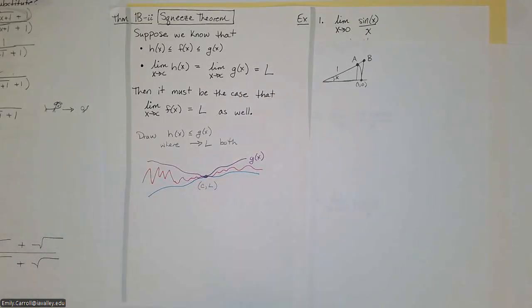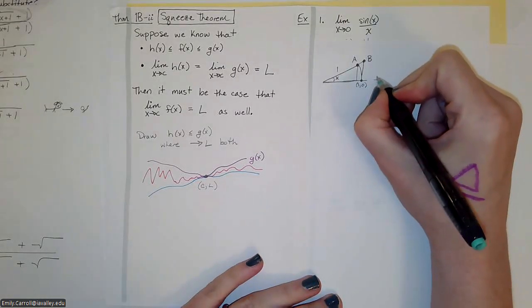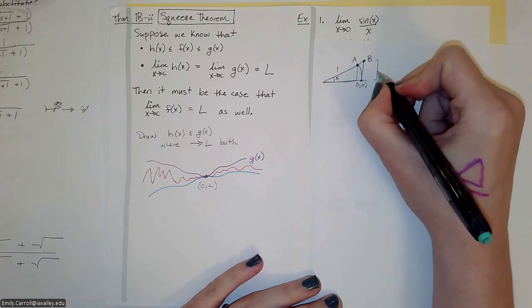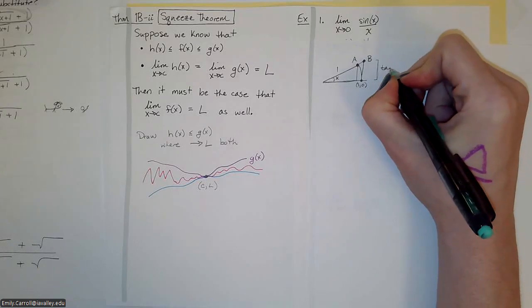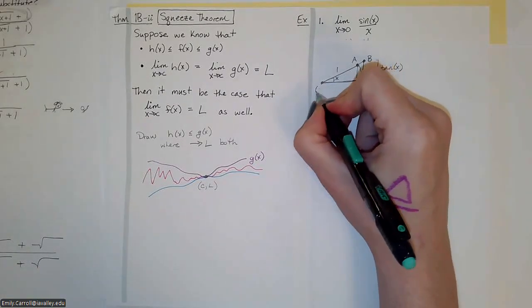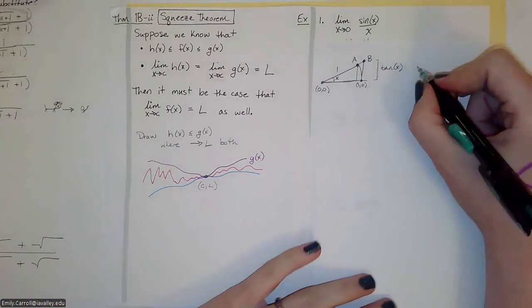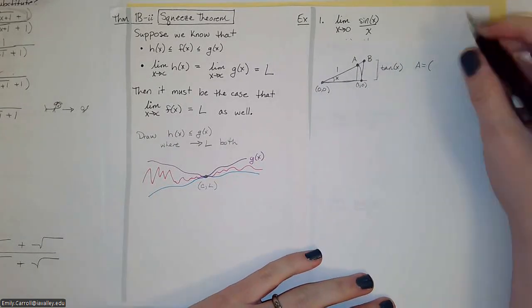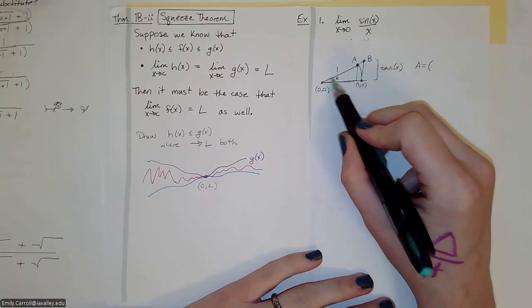All right, now you can show, if you get a little bit clever with your trig, you can show that this length here, the y value of the point B, is actually tangent of x. Okay, so we have a point 0, 0 right there. The coordinates of A are, well, this is a point on the unit circle where the angle is x.